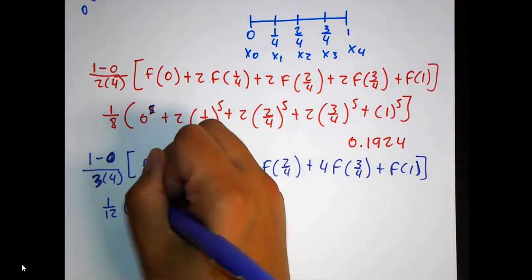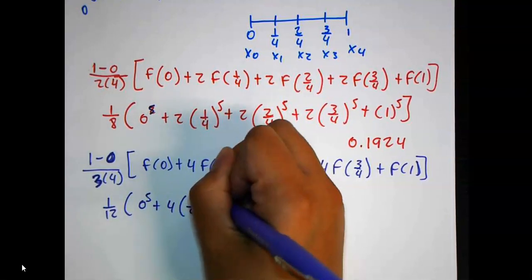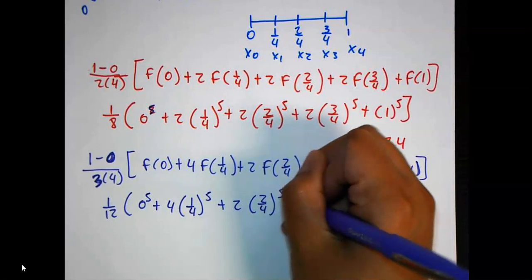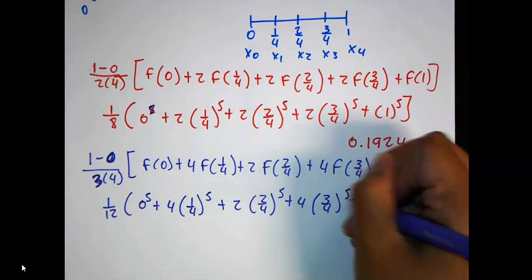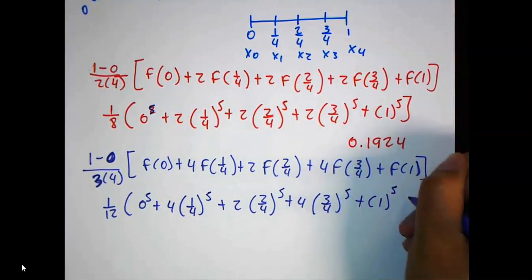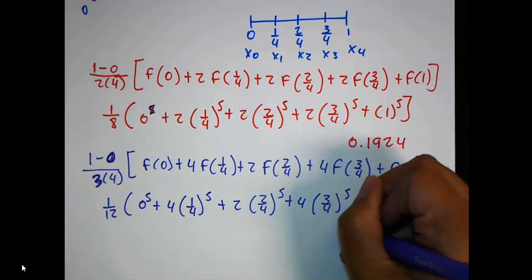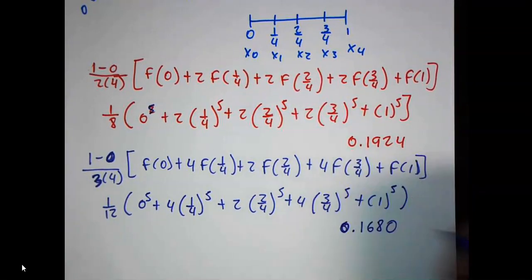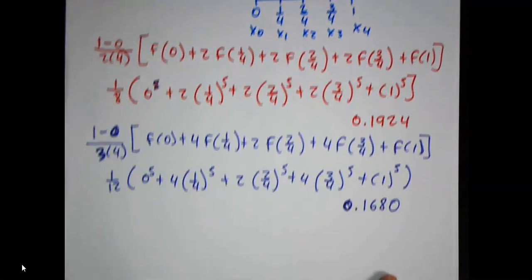It's still 0. Plus 4, 1/4 to the 5th, plus 2, 2/4 to the 5th, plus 4, 3/4 to the 5th, plus 1 to the 5th. And this is 0.1680.